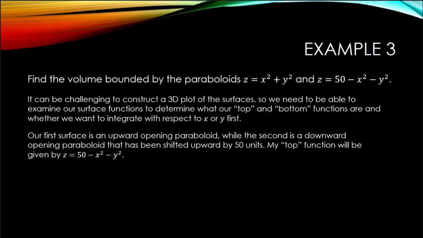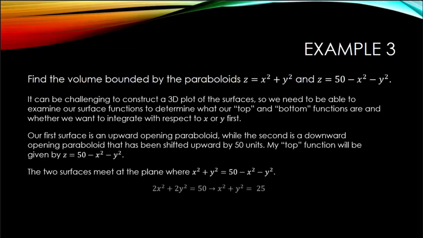Our first surface is an upward opening paraboloid, while the second is a downward opening paraboloid that has been shifted upward by 50 units. My top function will be given by z is equal to 50 minus x squared minus y squared. The two surfaces meet where x squared plus y squared is equal to 50 minus x squared minus y squared.